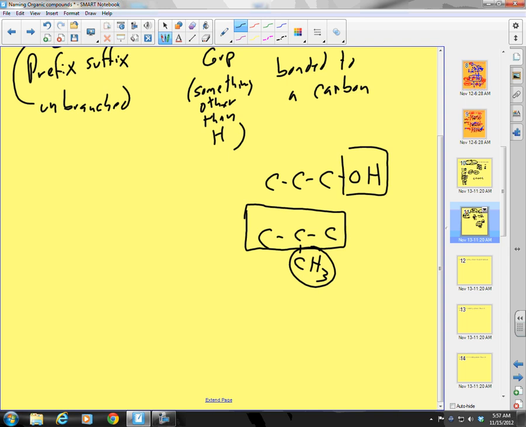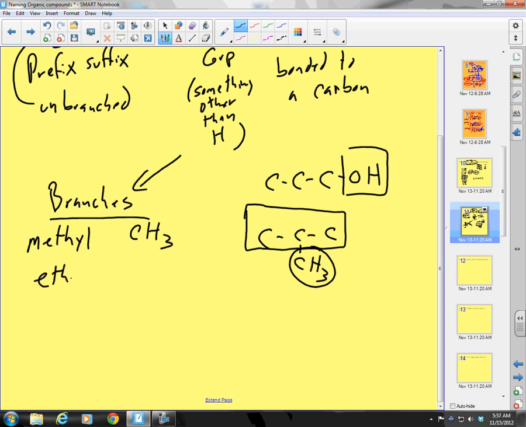Now, what are typical branches or groups? I can have a methyl group. And what is a methyl group? Well, it's a CH3. Or I could have an ethyl group, and that would be C2H5. I guess I don't like C2H5, it's really more of a C2H3.